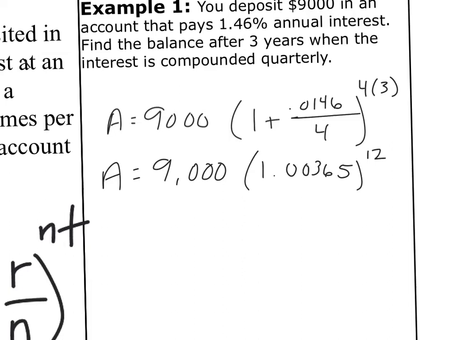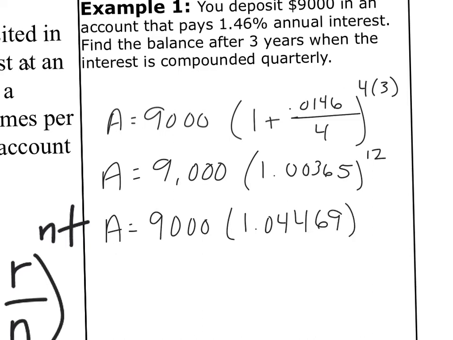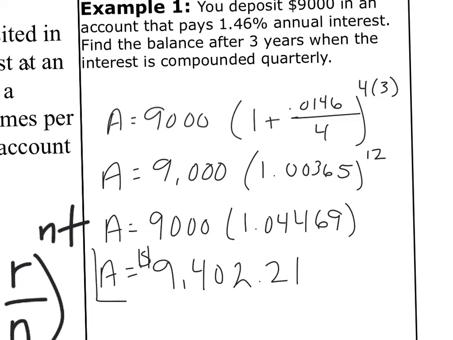And so I get 1.04469, so A is equal to 9,000 times 1.04469. Now multiply those together. So I've got A is equal to $9,402 and 21 cents, okay? So that's how much you would get if you were to deposit your money and it increased at 1.46%. That's not half bad. You got an extra $400.